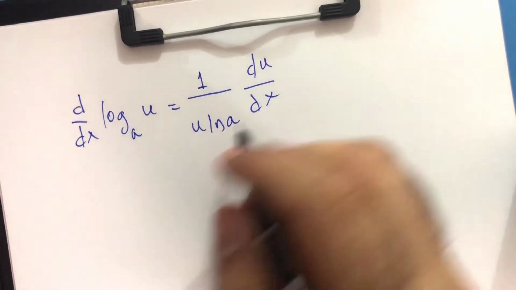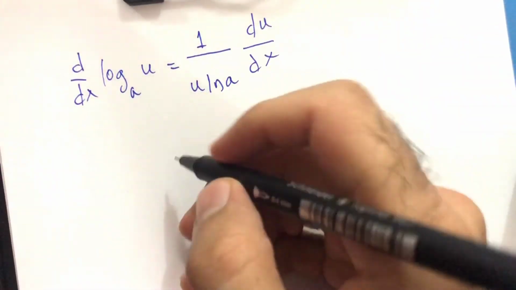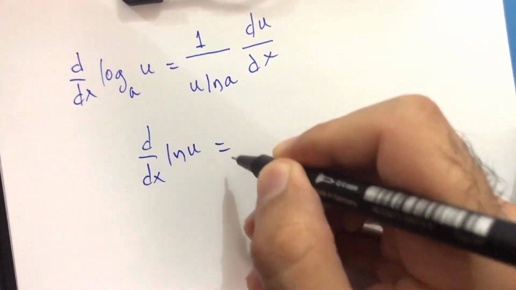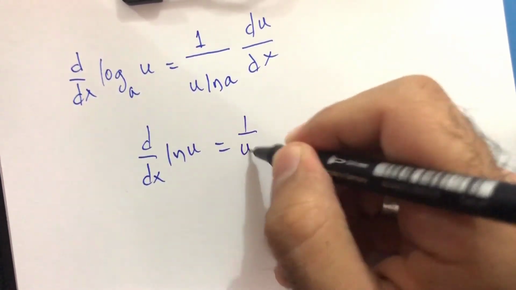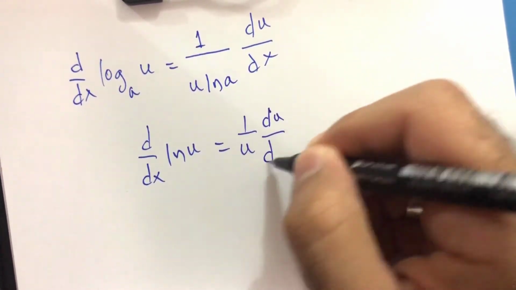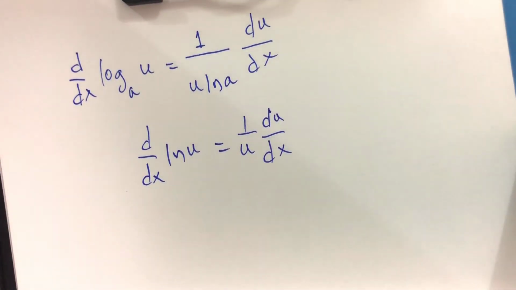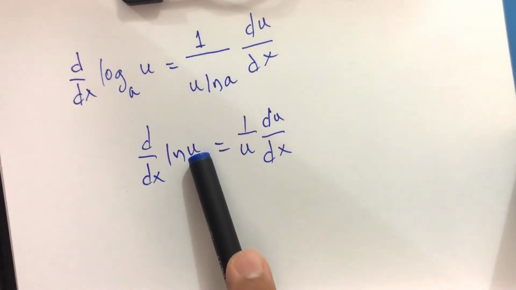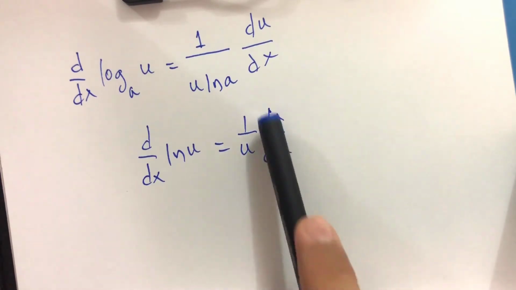And also if we want to find d by dx for ln u, this will be 1 over u du over dx. So for the logarithmic function, if u is any differentiable function of x, then d by dx for this function will be something like this, and d by dx for ln u is nothing but 1 over u du by dx.